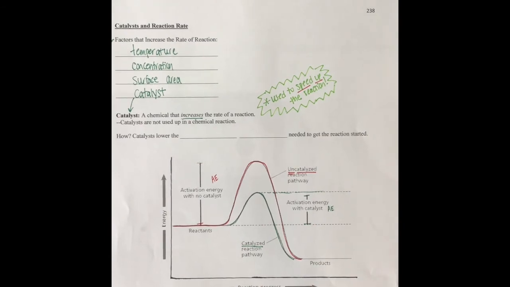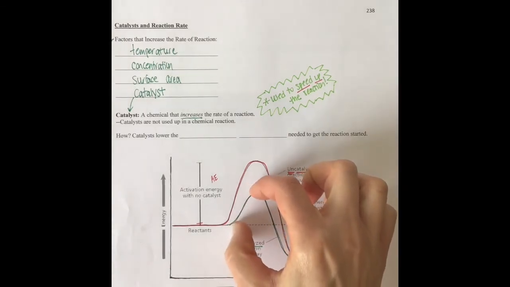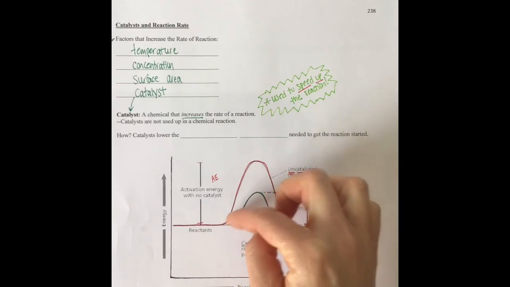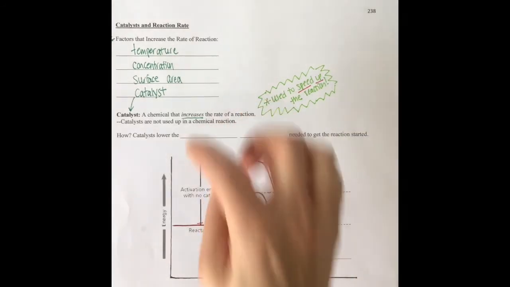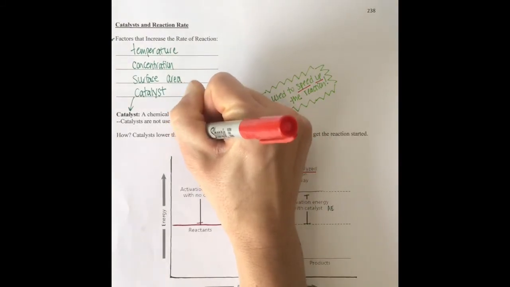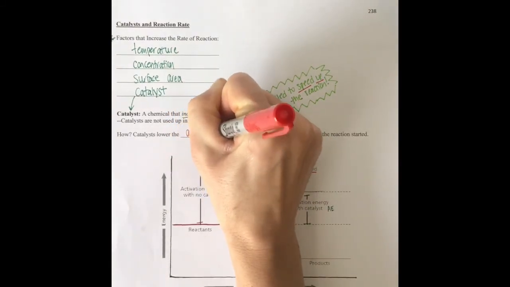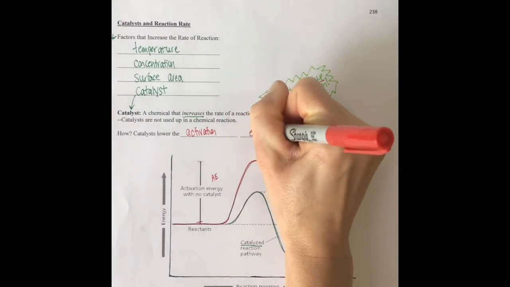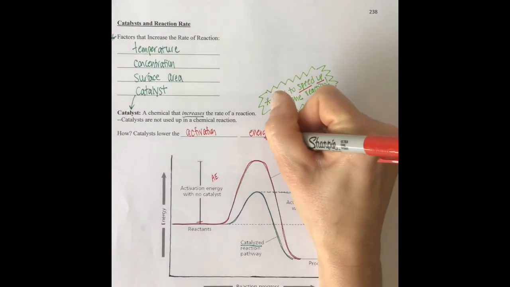And so catalyzed reactions happen much quicker. When you add a catalyst, it speeds up the rate of reaction because we don't need as much energy to get from here to there. So I'd like you to fill in that catalysts lower the activation energy needed to get the reaction started.